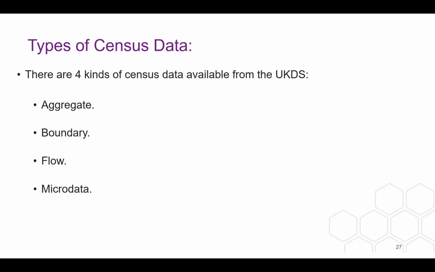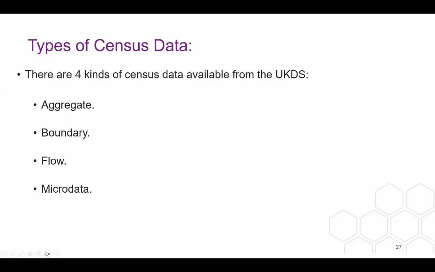So this is currently available for the 1981, 1991, 2001, 2011, and 2021 census data, as well as other boundaries. You can start by selecting the country you are researching, and then the geography and the data sets you are interested in.